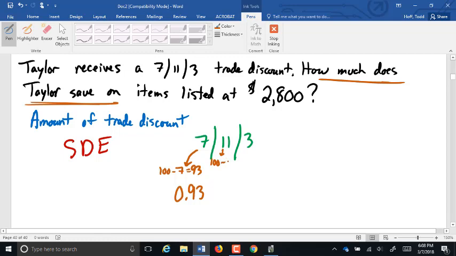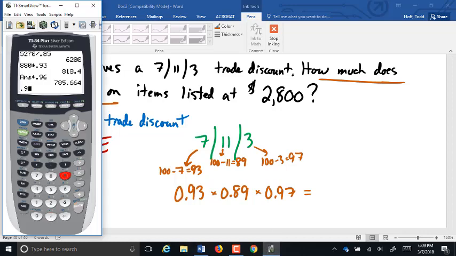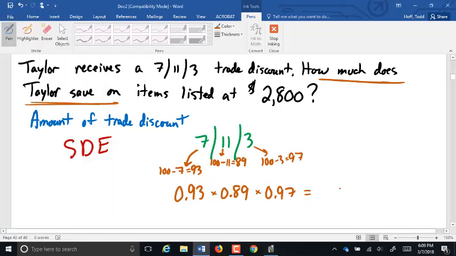Or what does it become? 100 minus 11 is 89. So as a decimal, that's 0.89. What do we put in for the 3? 0.97. Very good. 100 minus 3 is 97. So as a decimal, that's 0.97. So we multiply those together. 0.93 times 0.89 times 0.97 gives us 0.802869.